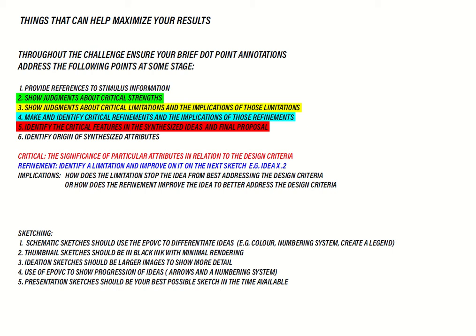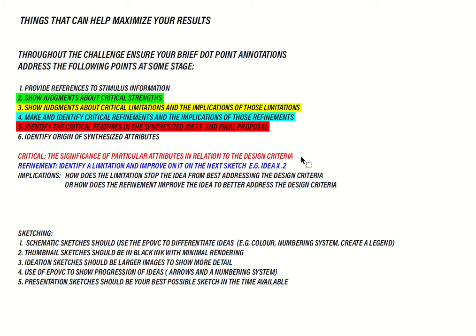So what do we need to do? Well, we need to make sure that there's some reference to the stimulus information somewhere in your annotation, that we show judgments about our critical strengths, that we show judgments about our critical limitations and the implications of those limitations. So what's critical? Critical is the significance of a particular attribute in relation to the design criteria.